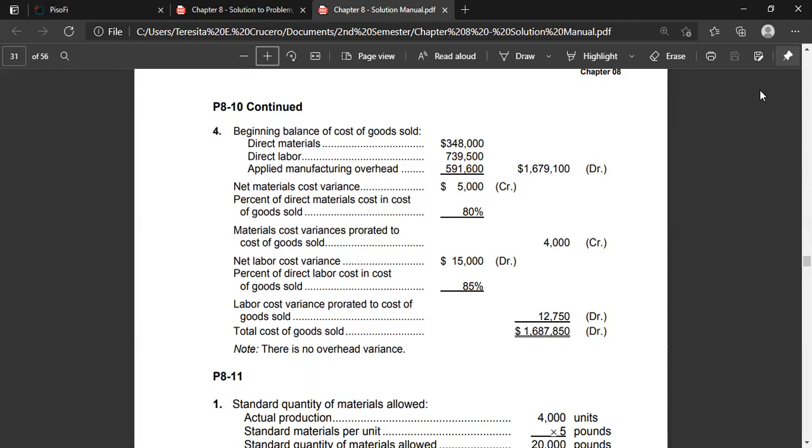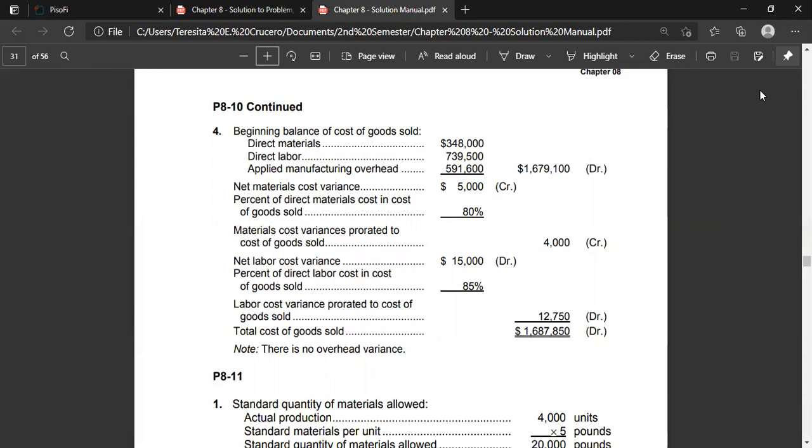So we now get the labor cost variance prorated to cost of goods sold for 12,750. So we have now the total cost of goods sold equal to 1,167,850. Okay, so that's 8 dash 10.